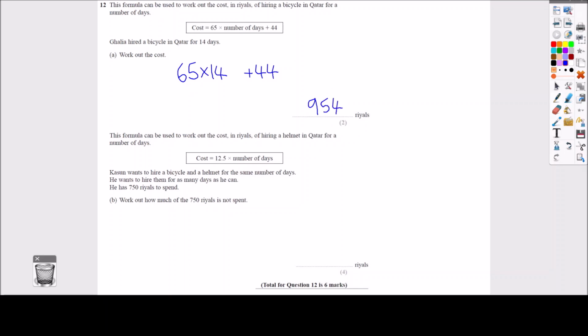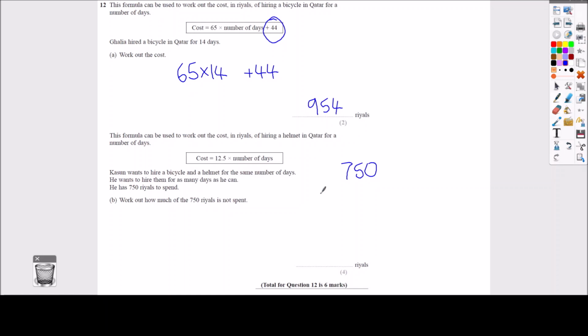954. Now, part B is more tricky. We're now adding on the fact that we want to hire a helmet for the same number of days. And we're trying to hire it for as many days as we can. So, a couple of ways of doing this. I think the easiest one is to say, look, we've got 750 to spend. Now, given we're going to be hiring a bike, we're going to have to start off by paying 44 rials regardless of how many days.